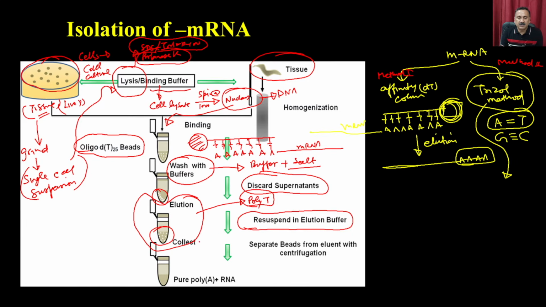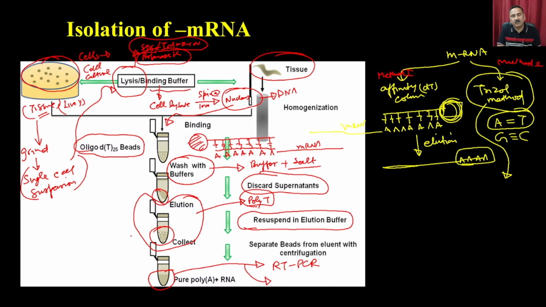The elution buffer is going to break the hydrogen bonding between the poly T tail attached to the beads and the poly A tail present on the messenger RNA, and that's how the messenger RNA is eluted. Then you can take this pure messenger RNA for further downstream applications like RT-PCR, and other kinds of applications.